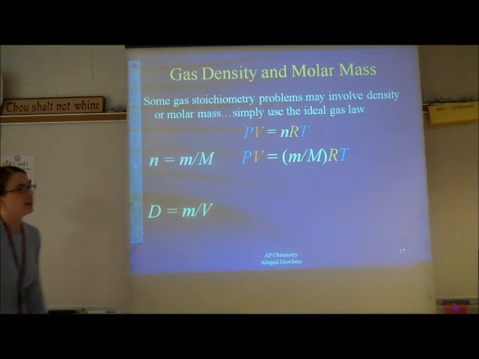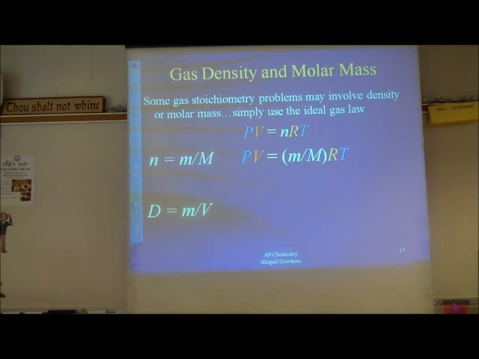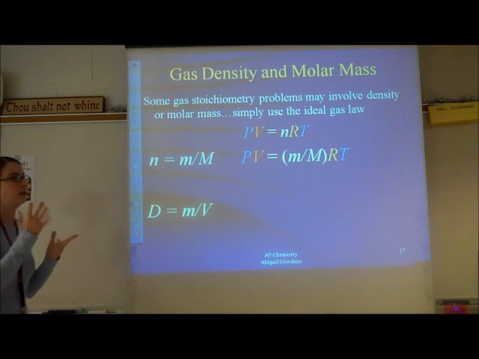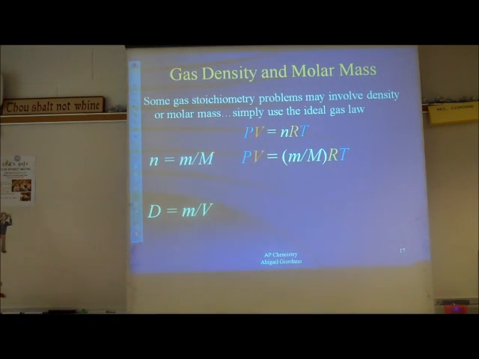Can you all see how I could rearrange all these variables to get density, m over v, on one side? Okay. Yeah, multiply by big M, divide by RT, so it'd be PM over RT.